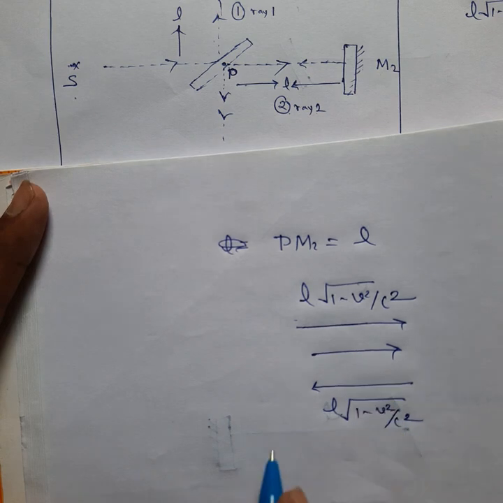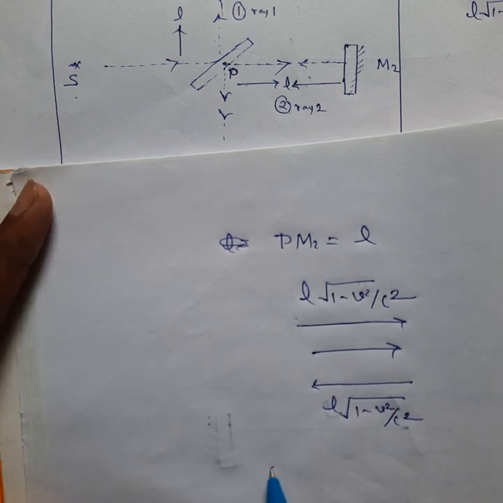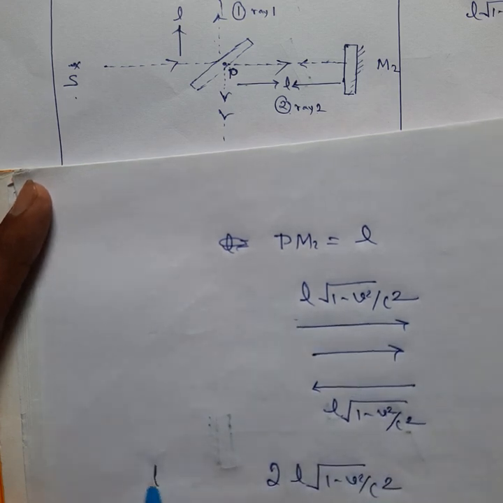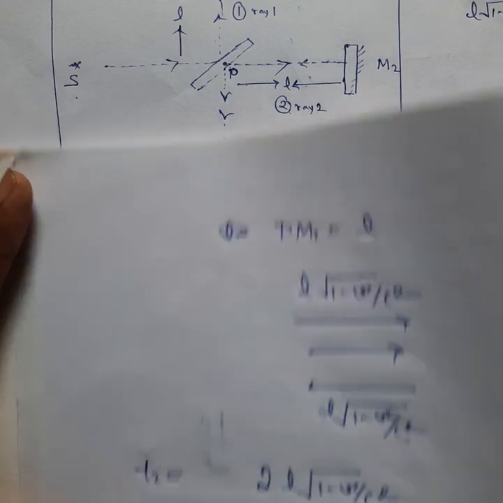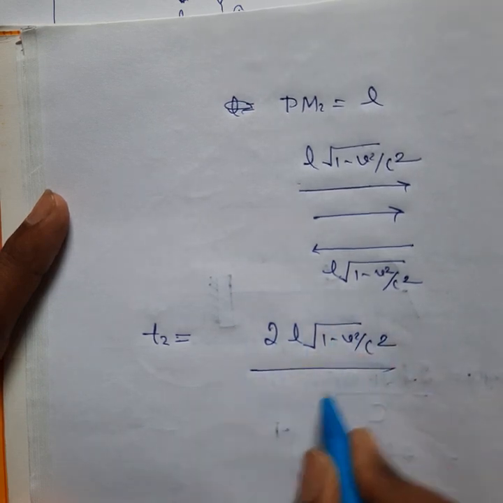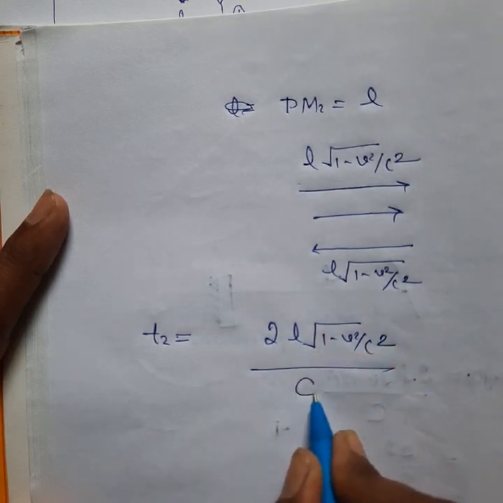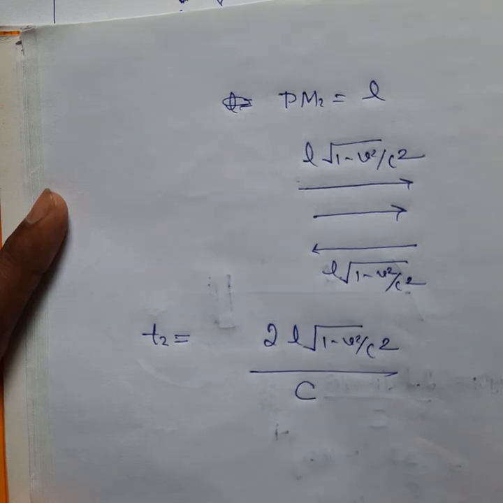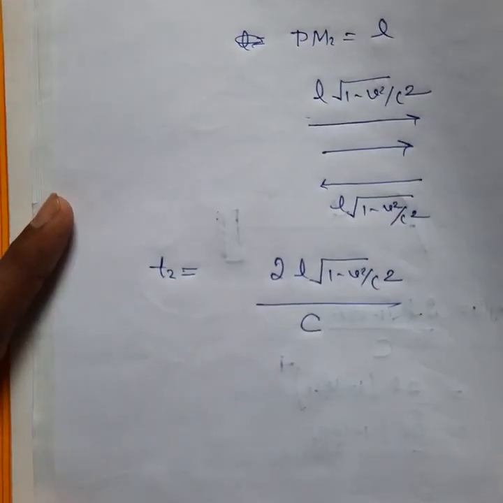So the total length traversed by the light will be 2L root of 1 minus V square by C square, and the time for ray 2 will be given by this length divided by the velocity of light c. Here I am writing c as we are calculating with respect to the ether medium.